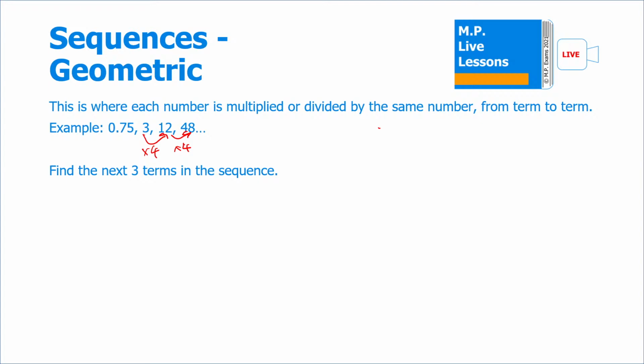So the next term is going to be 48 times 4, which is 192. Then we multiply that by 4 again to get the next term, 768. Multiply that by 4 again to get the final term, 3072. So we've basically continued the trend, multiplying by 4 each time.